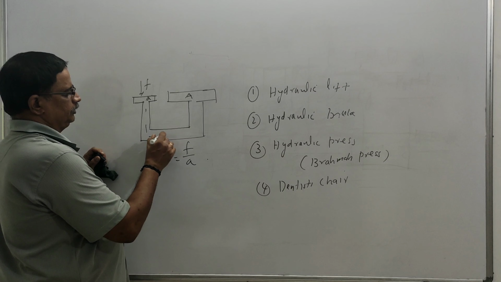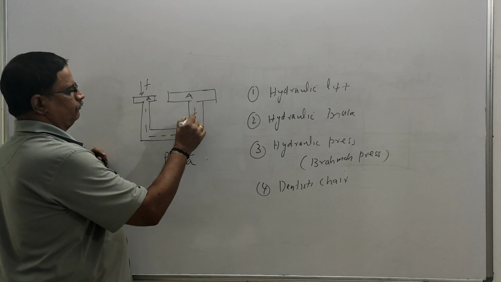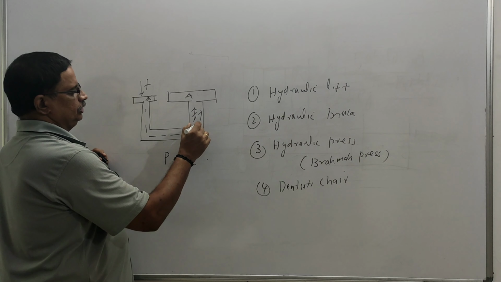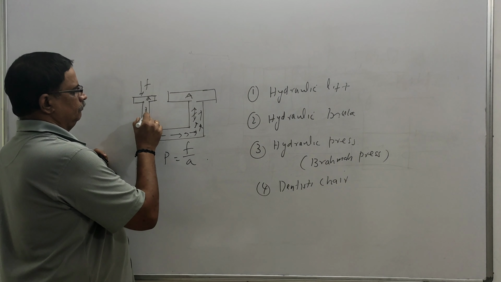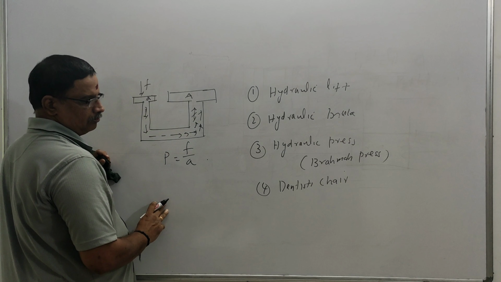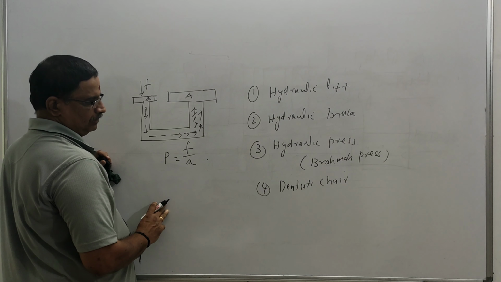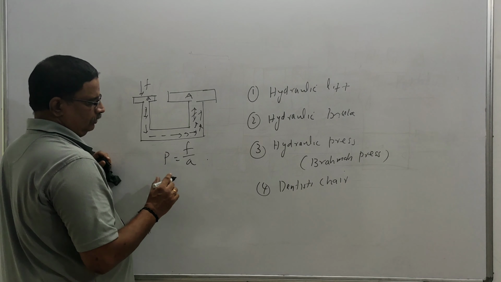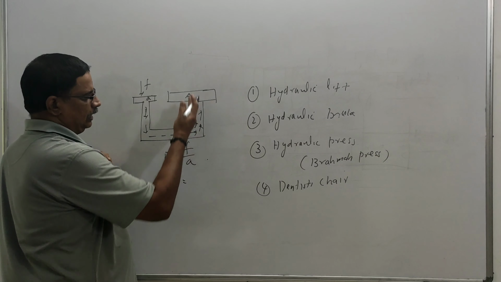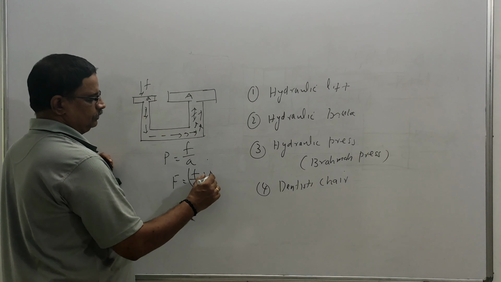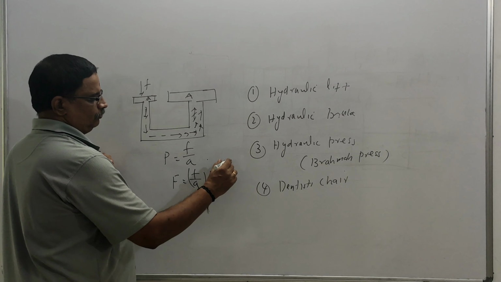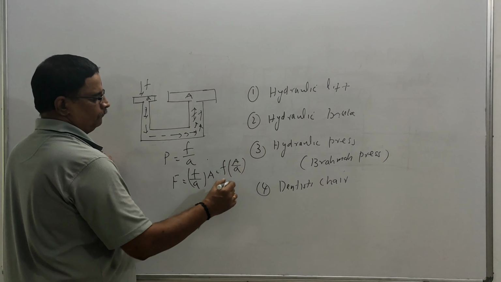That pressure will be transmitted through the fluid connecting the two platforms and it will reach here, and therefore the pressure acting on the bottom of the platform having larger area will also be F by a. Therefore the force acting on the larger platform in the upward direction will be F by a into area of the larger platform, capital A. So this is equal to F into A by a.